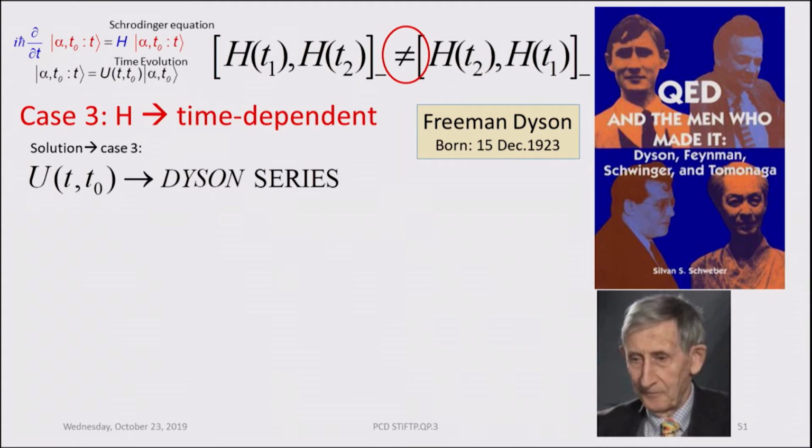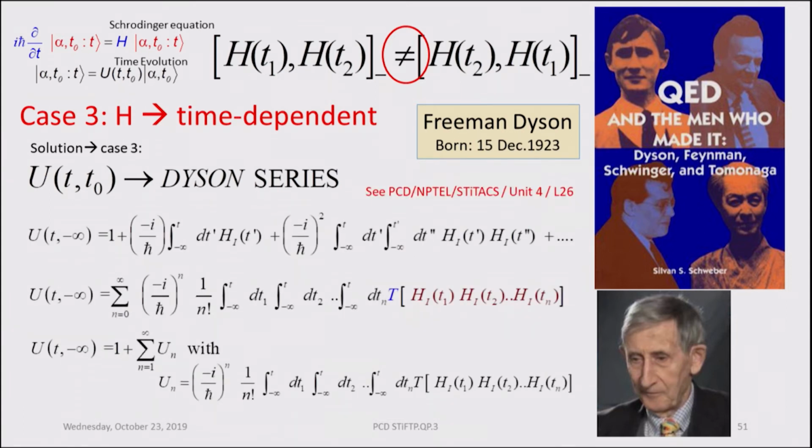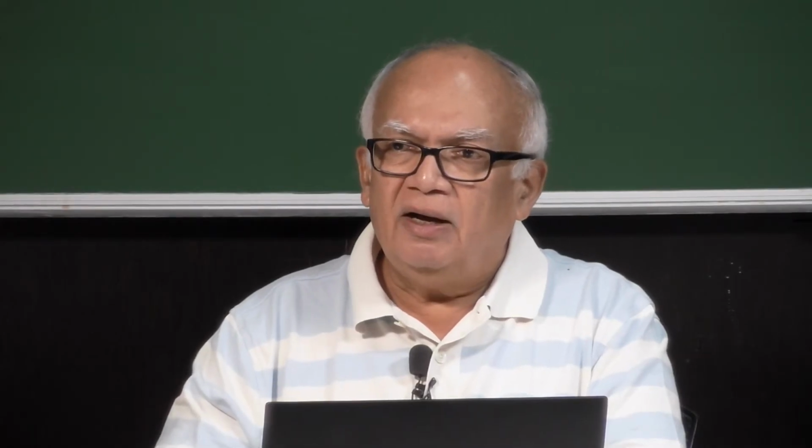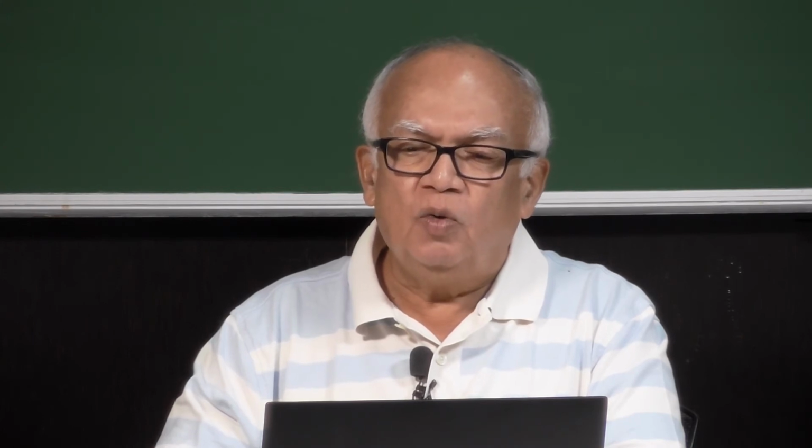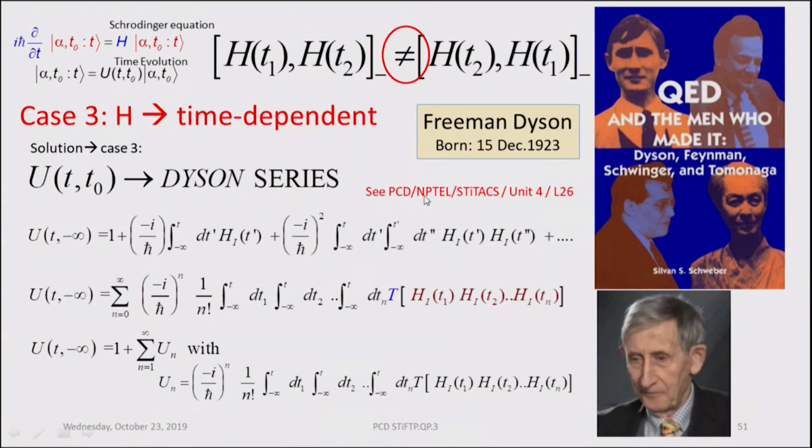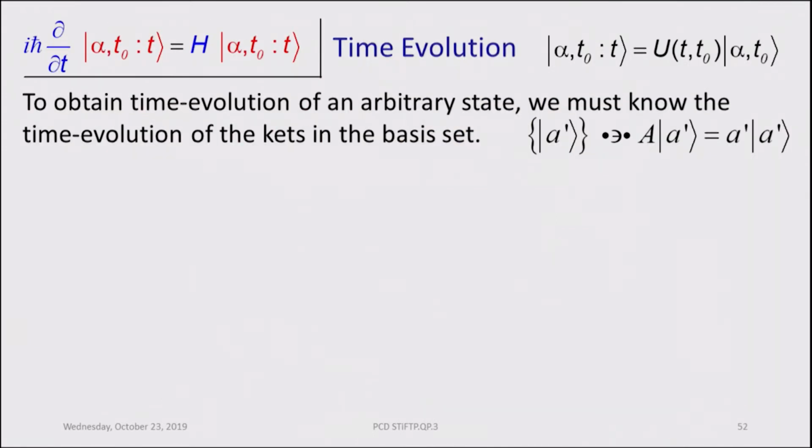The solution is in terms of the Dyson series, which I will not discuss in this class, but I have discussed it in an earlier course, which is also on the NPTEL website. If you go to lecture number 26 on unit 4 of this course, you will find the Dyson series solution discussed in some detail. So I will not do it over here, but if you are interested, you can go to that lecture and go through it. So this is the Dyson series solution that you get in the third case.